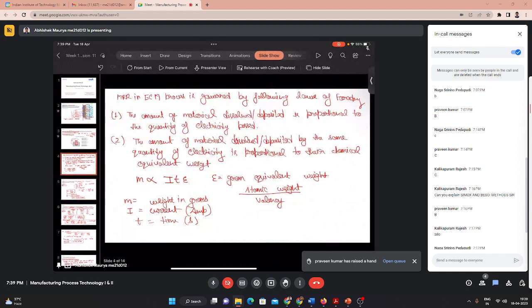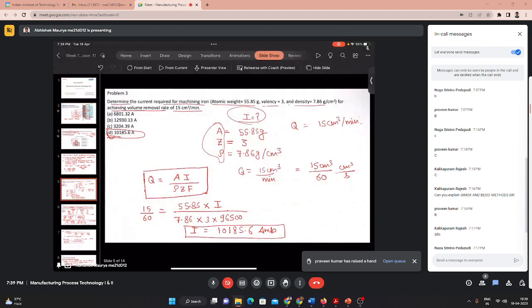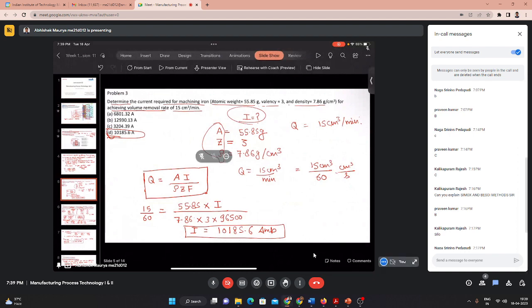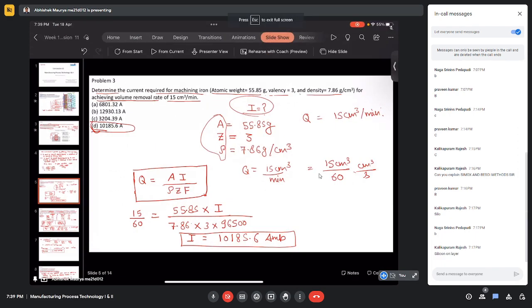Now you can see this formula. Q equal to AI by rho ZF. This is the volume removal rate. Here the density is inversely proportional. Yes, definitely, but in the option it is showing directly proportional.